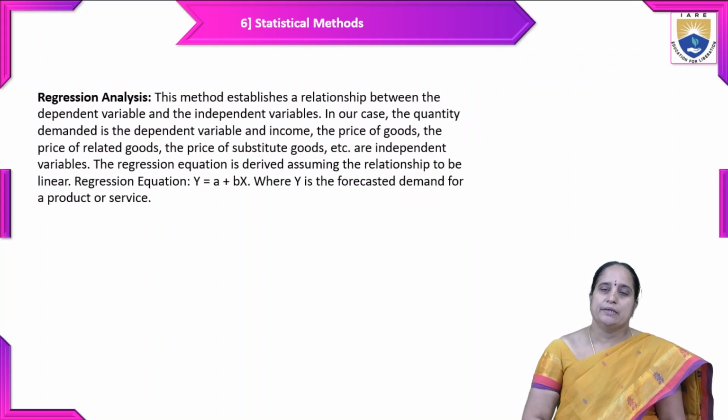Then next, regression analysis. This method establishes a relationship between the dependent variable and the independent variables. The quantity demanded is the dependent variable, whereas all other demand determinants, such as income, price of goods, price of related goods or substitute goods, income levels, advertising, future expectations, and tastes and preferences, are independent variables.